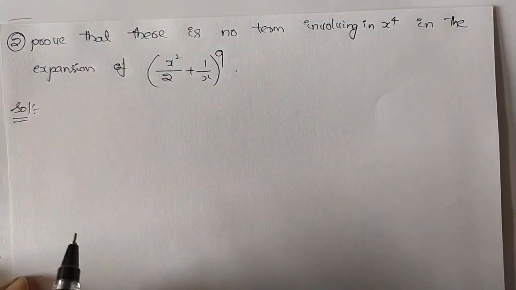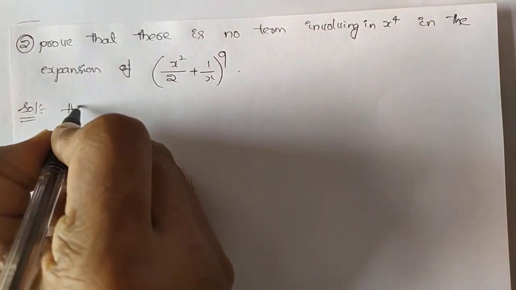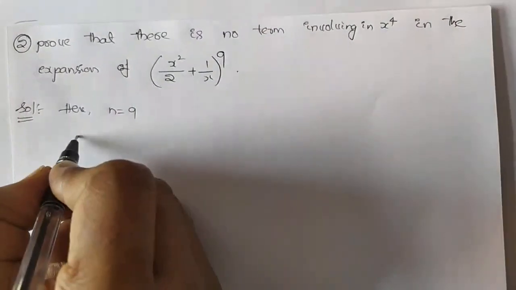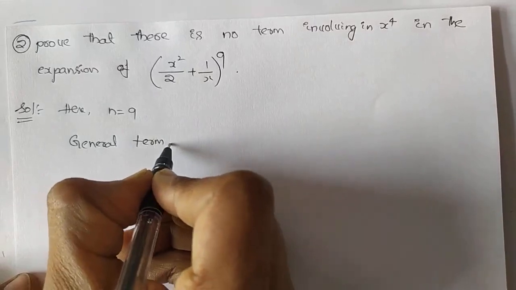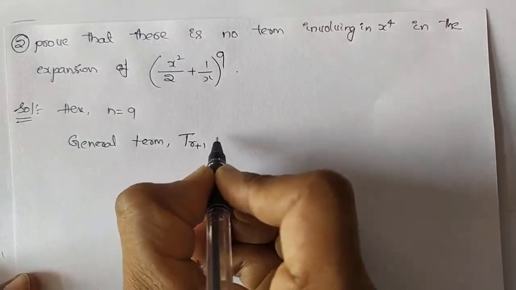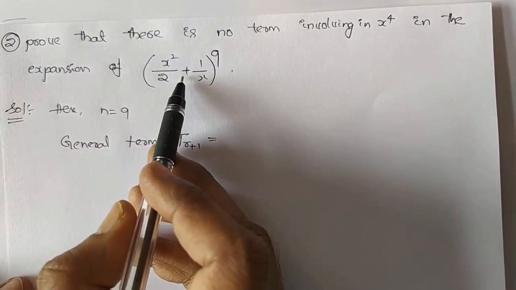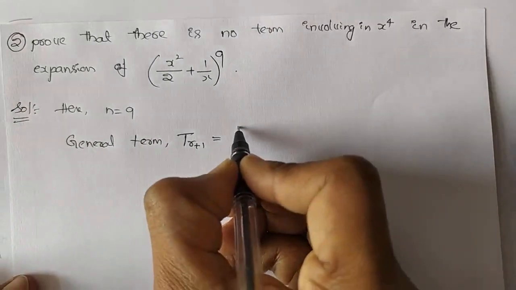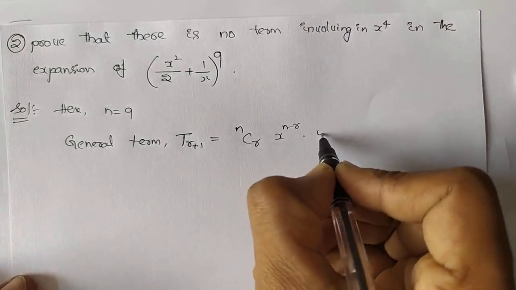Whatever the question may be, first find its general term. Here n equals 9. The general term is T r plus 1. In the expansion we have the sign plus, so minus 1 whole power r will not be there. So the general term is nCr x power n minus r into y power r.